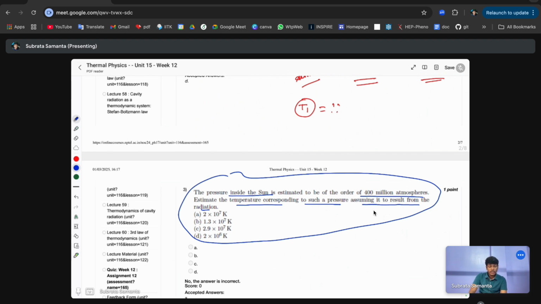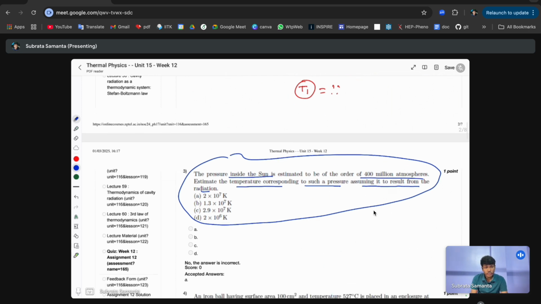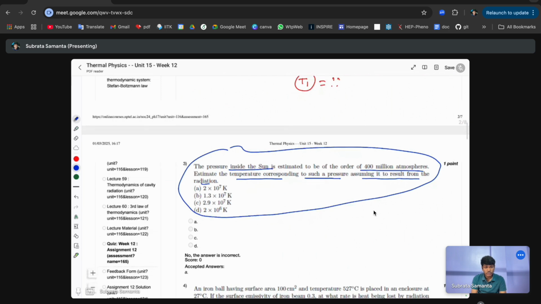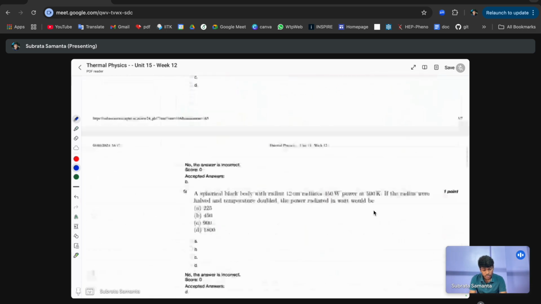So how is the pressure related to the energy density? If you know the equation of state of black body radiation, I discussed in the previous class, in the statistical class, how the pressure is related to the energy density or the temperature for black body radiation.